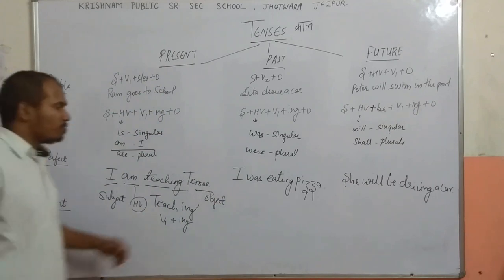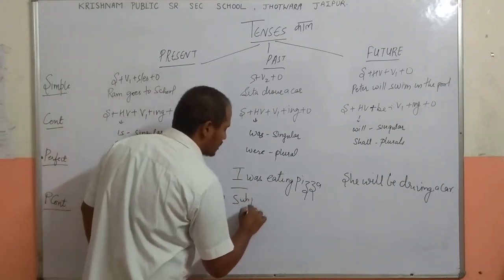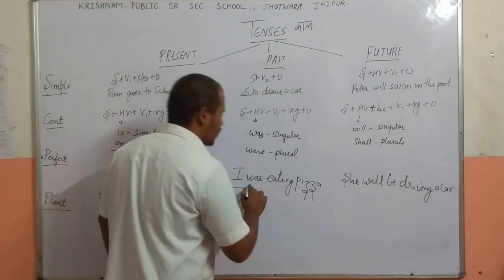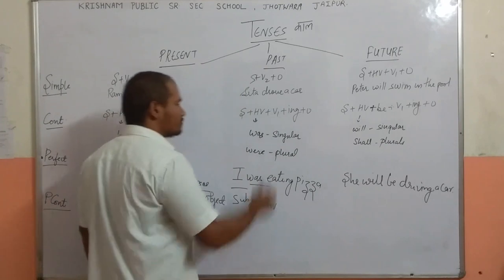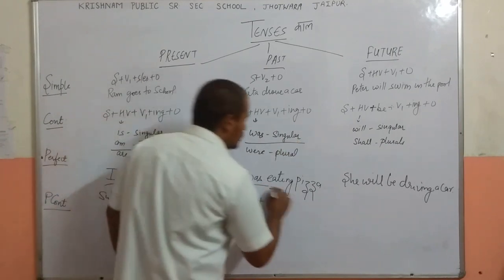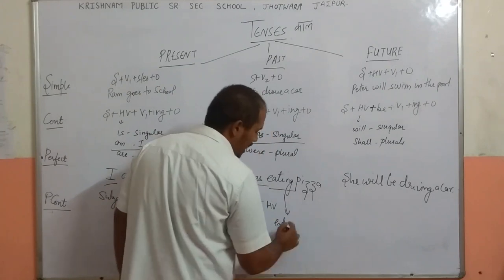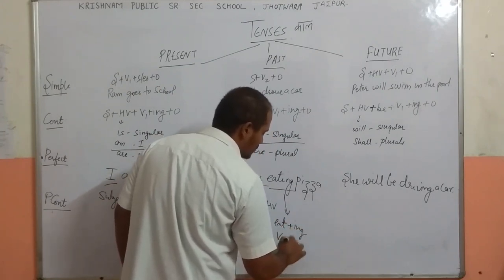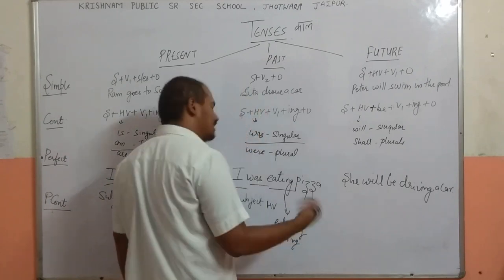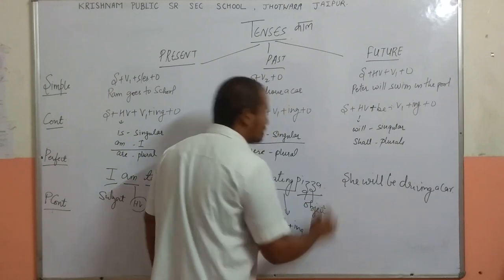In the next one, I is the subject, was is the helping verb. Eat is the verb, and I have added ing. So this is verb's first form plus ing. So this becomes eating. Then we have the object, that is pizza.